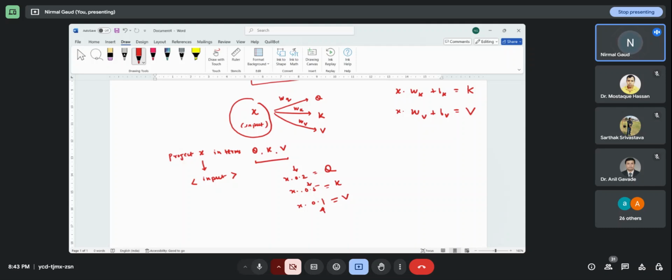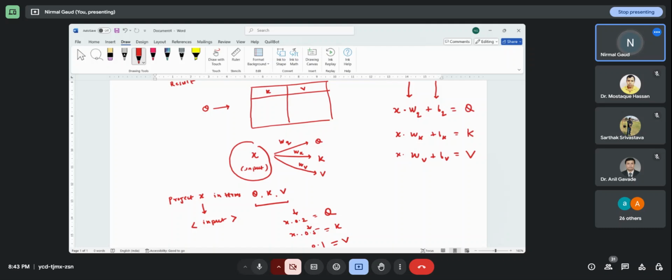So the logic used here is that you have to project your input into three components Q, K, V. For that you require weights and the bias. Somewhere it is just written x dot Wq equal to q; somewhere they are not adding the bias, that's okay. However, I have added the bias here to complete the equation.